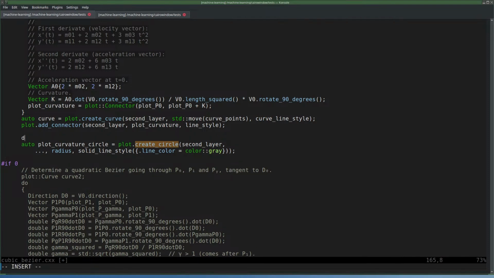Right, the radius is 1 divided by the length of k, which I don't know anymore. It starts to annoy me that I have to keep stuff in this scope alive.